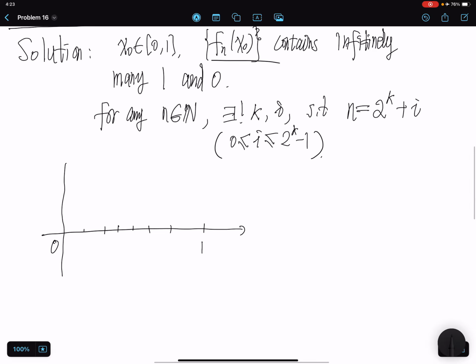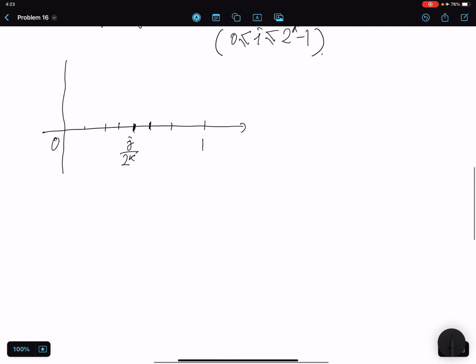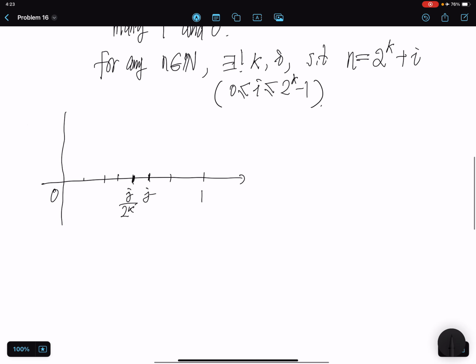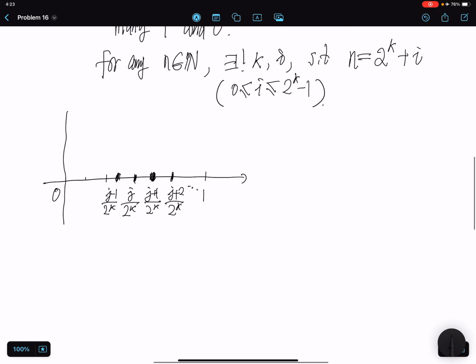Let's pick a typical one, going from j over 2 to the k here, then j plus 1 over 2 to the k here, j plus 2 over 2 to the k here, and j minus 1 over 2 to the k here.